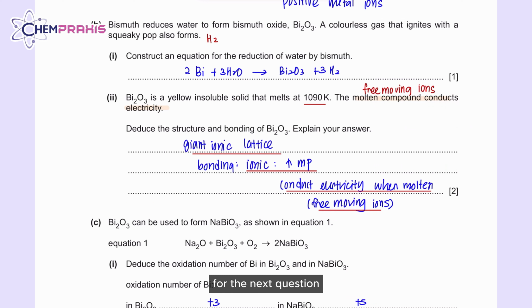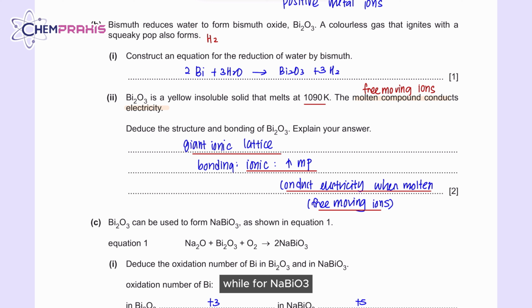For the next question, Bi2O3 can be used to form NaBiO3 as shown in equation 1. Deduce the oxidation number of Bi in Bi2O3 and in NaBiO3. For this question, it's pretty simple because for Bi2O3, basically the oxidation number is positive 3.